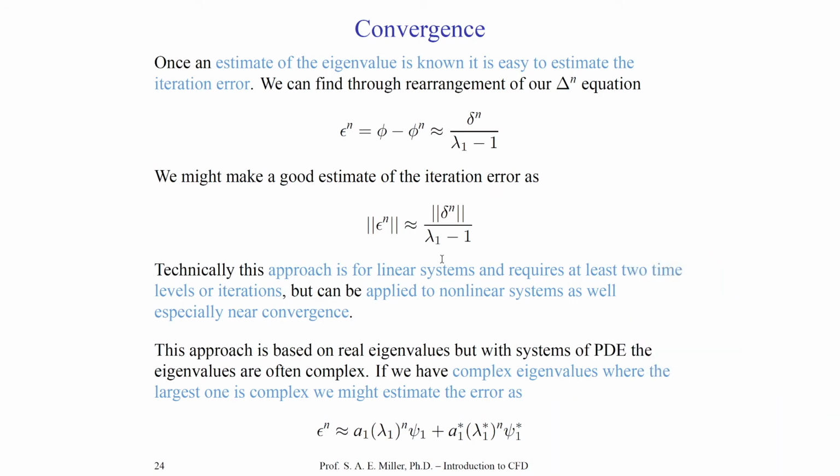This approach is only for linear systems and requires at least 2 time levels of iteration. You can explicitly calculate these quantities, for example, for the heat equation, which we showed in this class, if you iterate from one solution time to the next, n to n+1. It can be applied to nonlinear systems as well, especially near convergence, but it's not typically done in practice. It's here to illustrate some mathematical points for you.